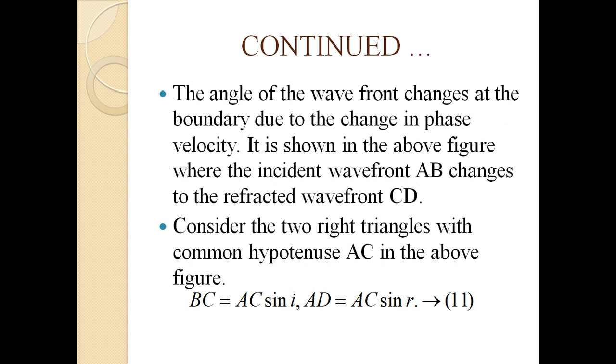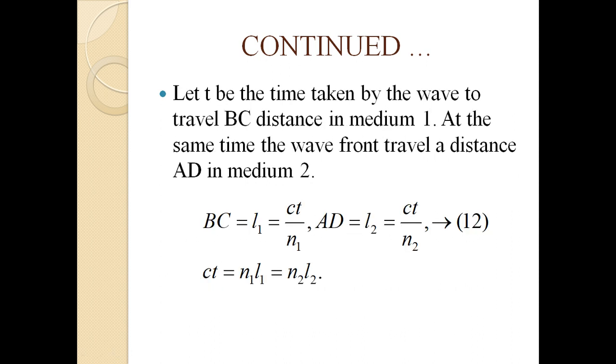Consider the two right triangles in the figure with a common hypotenuse AC. From the figure, BC equals AC sin I, and AD equals AC sin R. Let t be the time taken by the wave to travel distance BC in medium 1. At the same time, the wavefront travels a distance AD in medium 2.